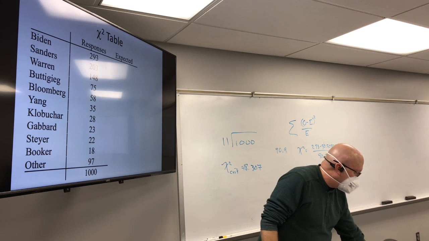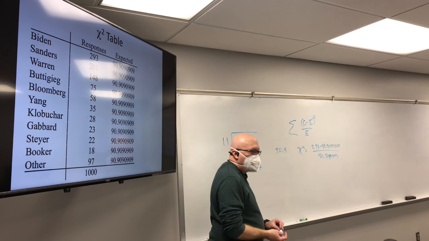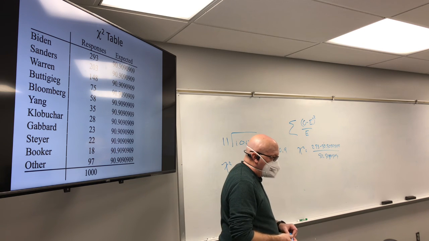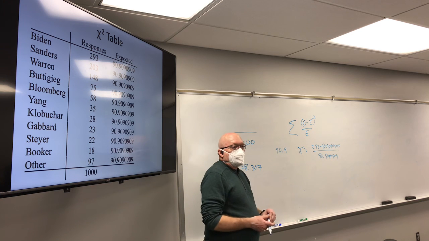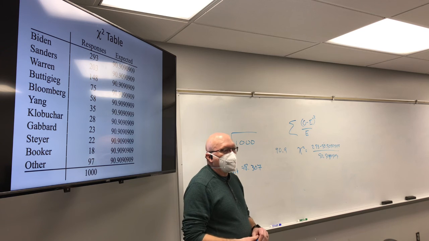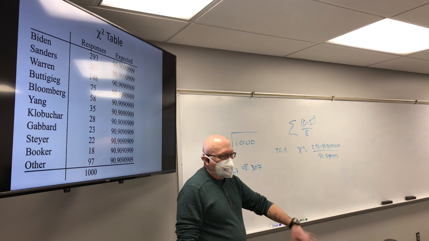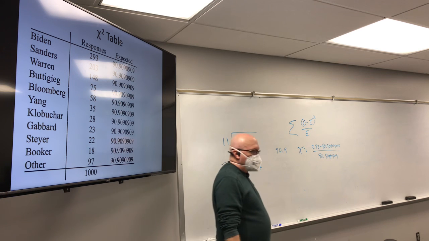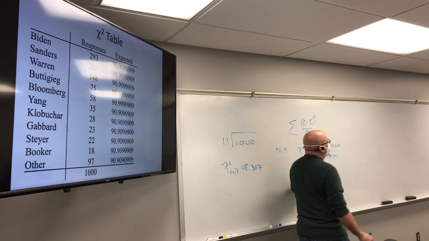Is it easier, rather than type out the 90.909, to just do 1,000 divided by 11? You could do that. That's what I did. Actually, I did this in a spreadsheet simply because working with those decimals is a pain. And then that would be it for Biden.